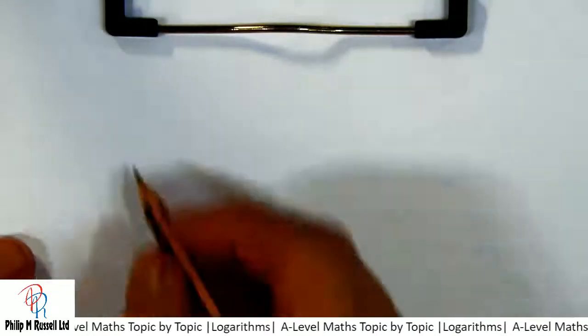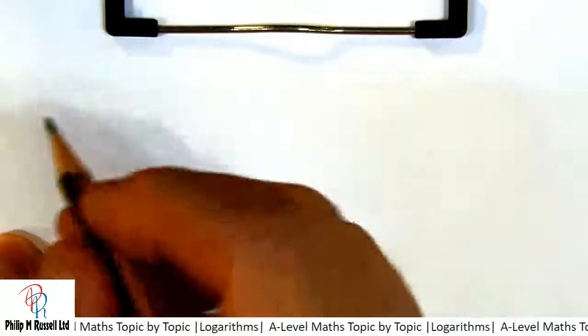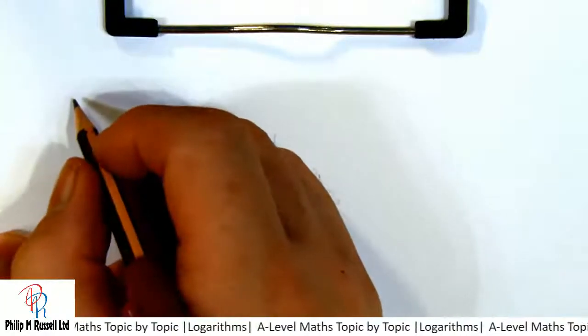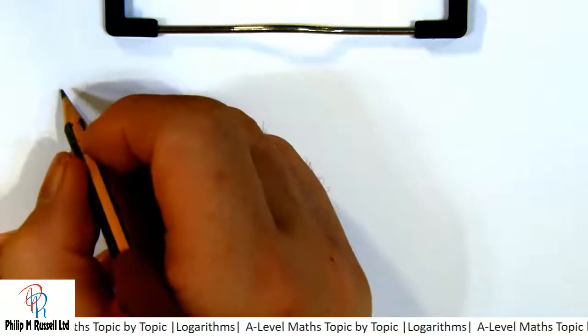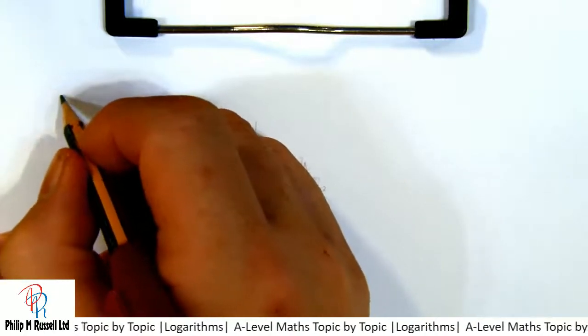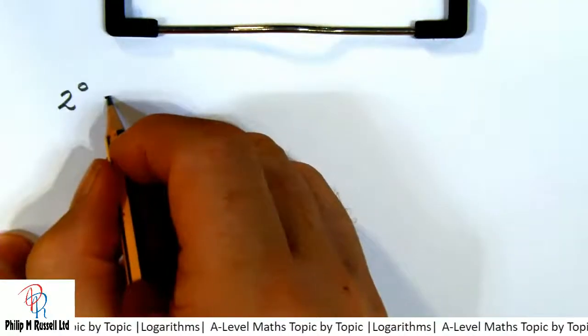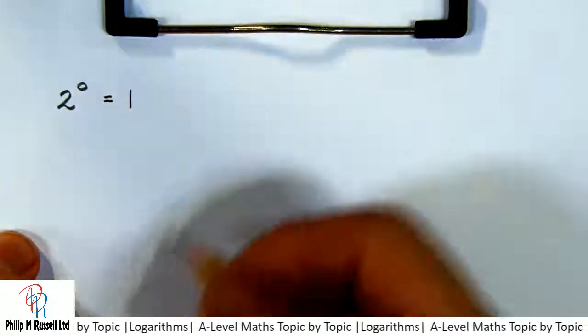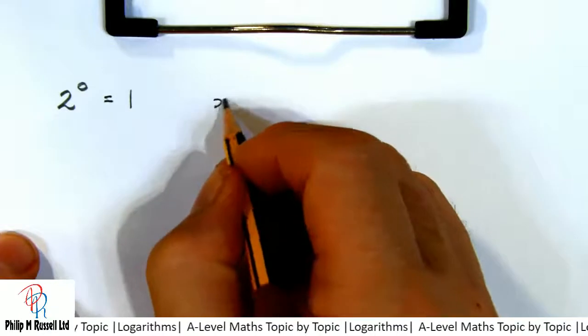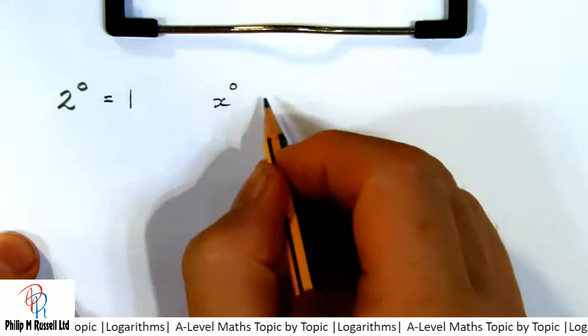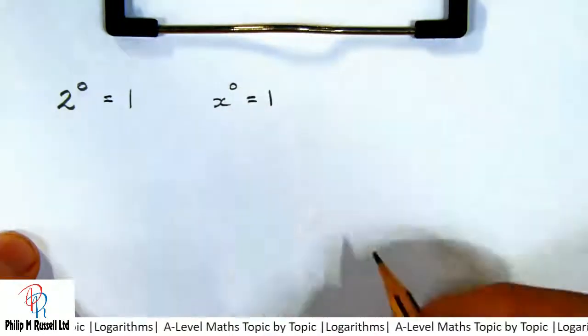When we play around with some interesting things, we discover that there's an interesting little fact that really bugs a lot of students at GCSE, and we say that any number to the power of 0, for instance 2 to the power of 0, equals 1. We know that x to the power of 0 equals 1.